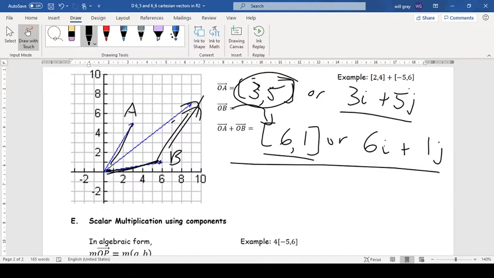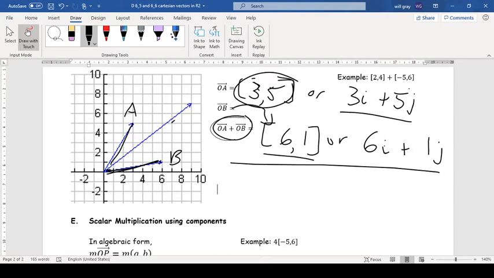But we're going to look at it algebraically, because algebraically seems to be the preferred method when you deal with XY axes. So if I want to figure out what OA plus OB is, I can do this in one of two ways.